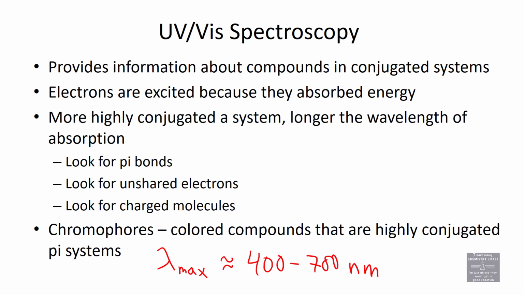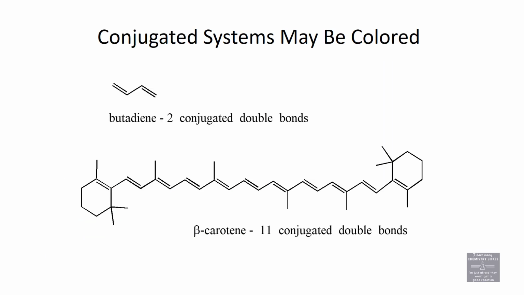And if you absorb light 400 to 700 nanometers, you will appear as a colored compound. And so colored compounds are known as chromophores. So we'll look for these kinds of things to help us determine if a system is conjugated. Things that are conjugated might be colored.